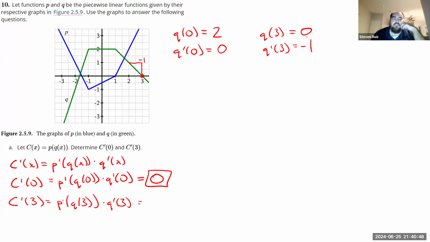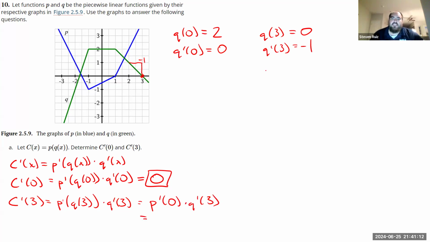So I said that c prime of 0 was equal to 0. What about c prime of 3? Well, not quite, because it doesn't really matter what q of 3 is. That's kind of a means to an end. Q of 3 is 0, but what that really means is I'm going to find my derivative this way: p prime of 0 times q prime of 3.